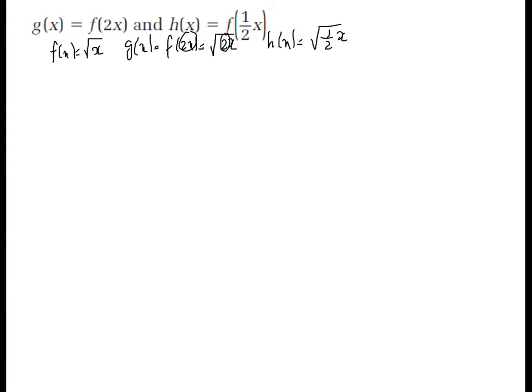For h of x, since b is 1 over 2, and the absolute value of 1 over 2 is between 0 and 1, then we know that h of x is a stretch of f of x along the x-axis by a factor of 1 over 1 over 2, which is going to give you 2.